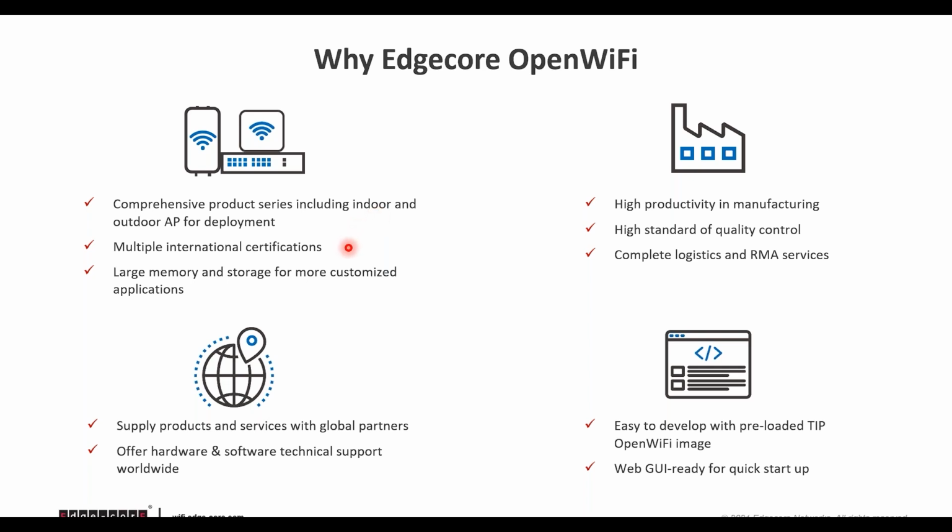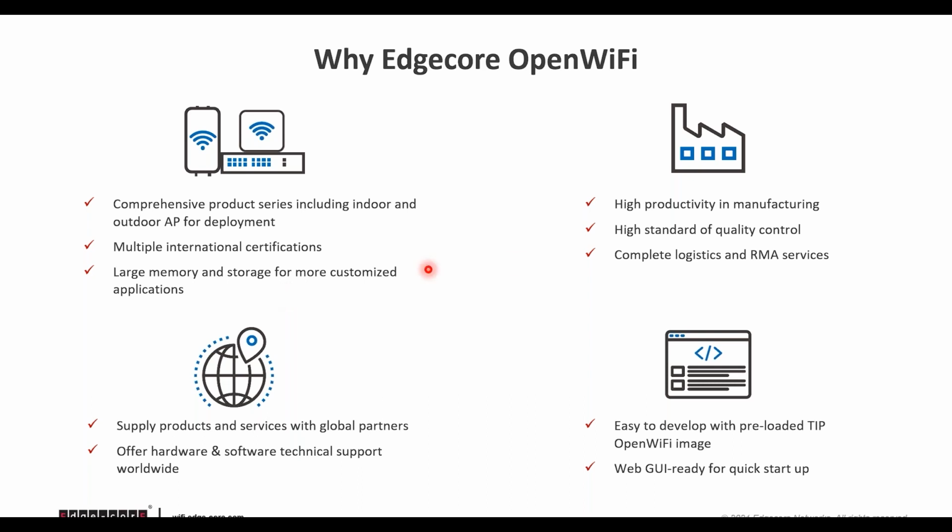For example, FCC, TELEC, or any APAC homologation certifications. And it can help the customer reduce the certification process and let the customer focus only on serving customers and developing more features. So we try our best to enlarge the memory size and the storage. So for the customer, it's no limit. They can develop a lot of features.